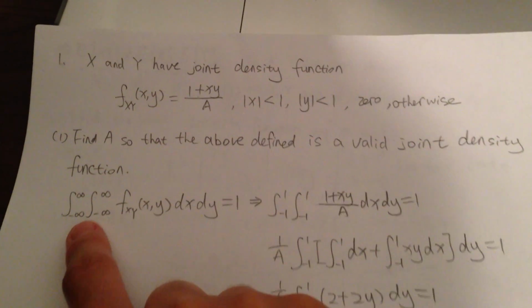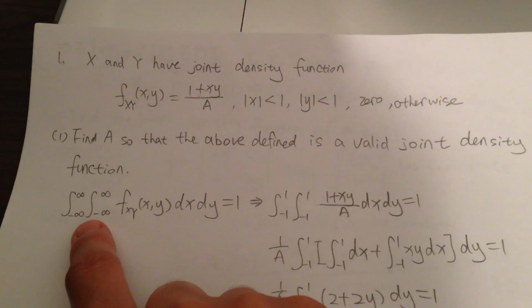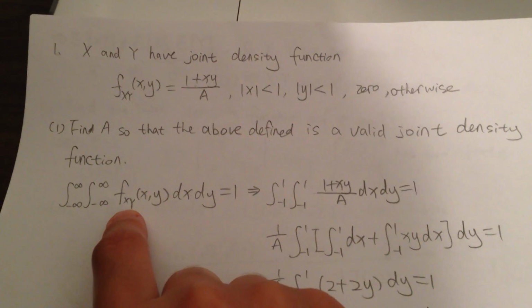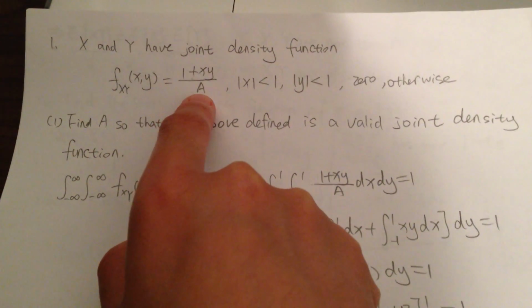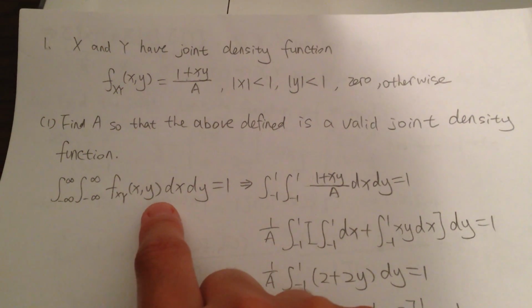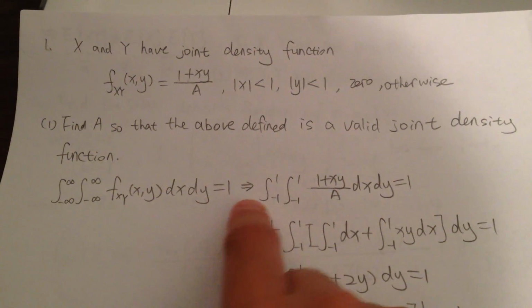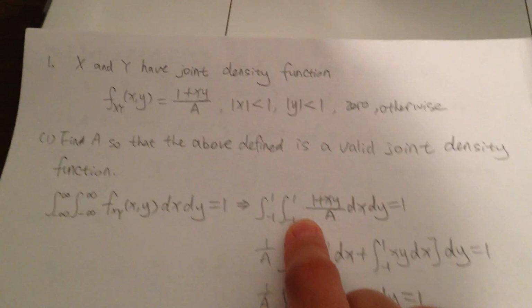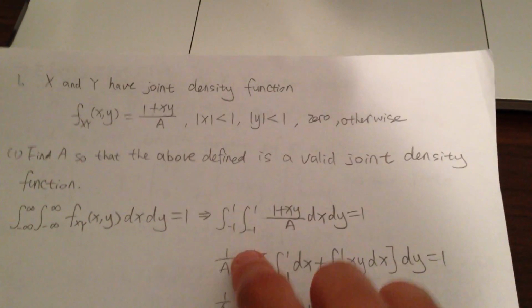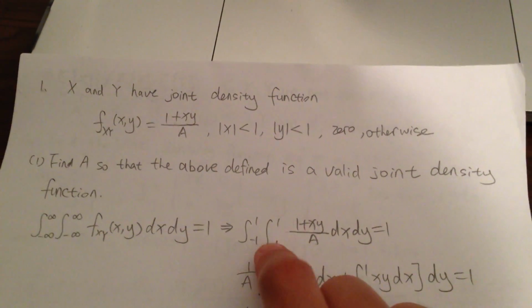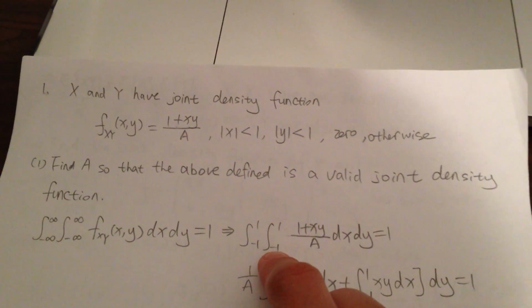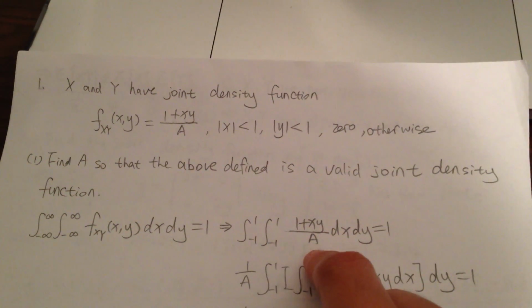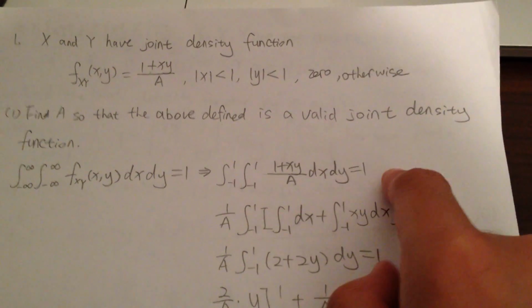According to the definition, we just need the integral from negative infinity to infinity of the joint density function f(x,y) dx dy to equal 1. We plug this formula in, and place the range in the integral from -1 to 1 of (1 plus xy over a) dx dy equals 1.